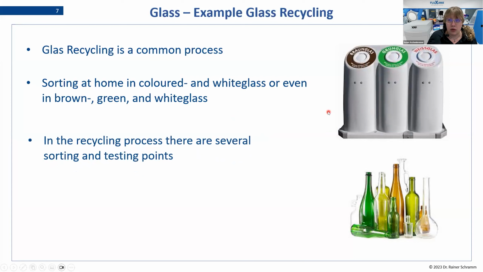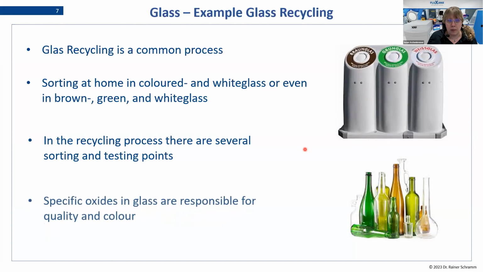Now we could say, why use X-rays to see if it's brown, green, white or another color? Because we can just see it and say, okay, this one's brown, goes to the brown container. But within these groups, there are still quality differences, and it has to be an automated process.